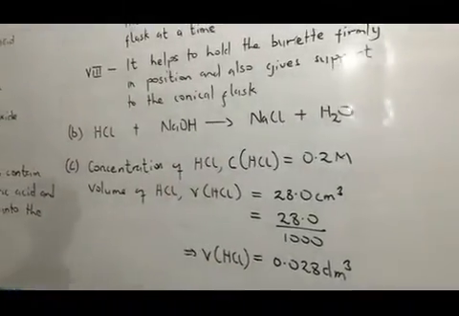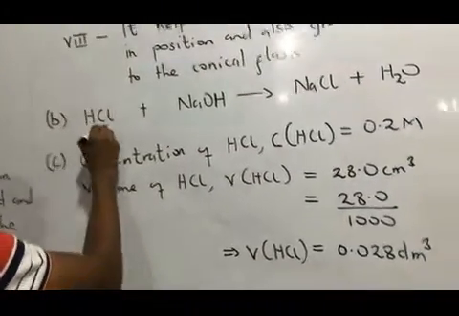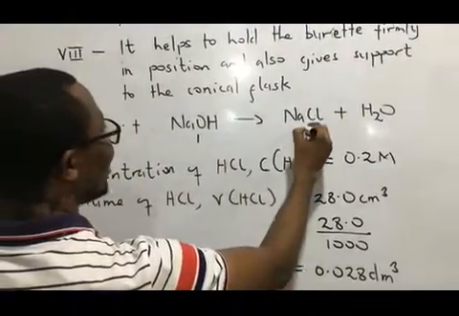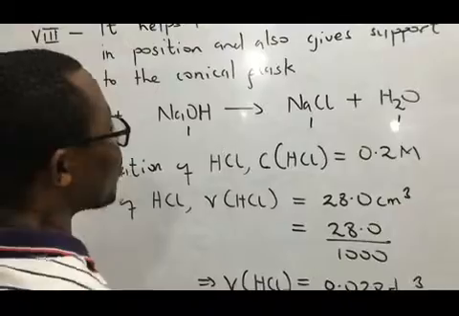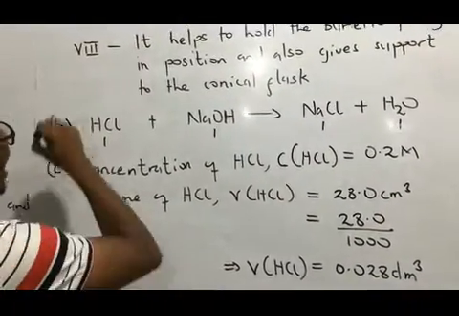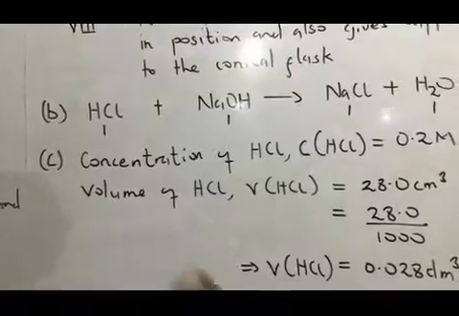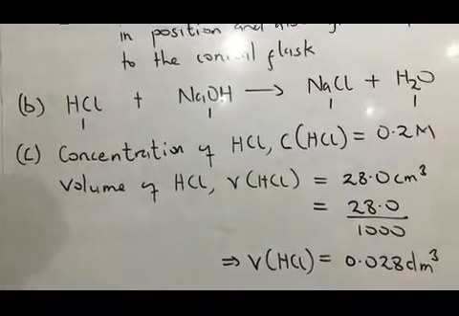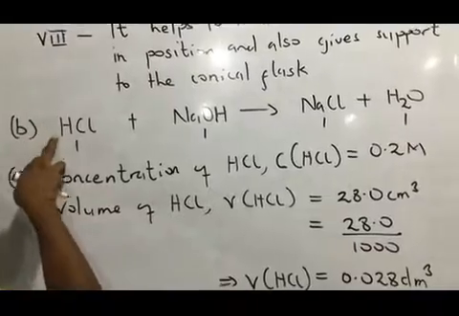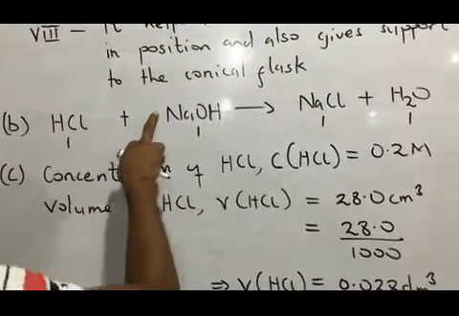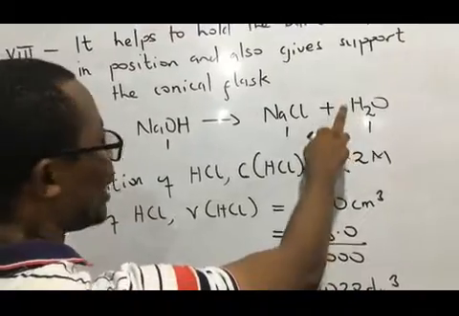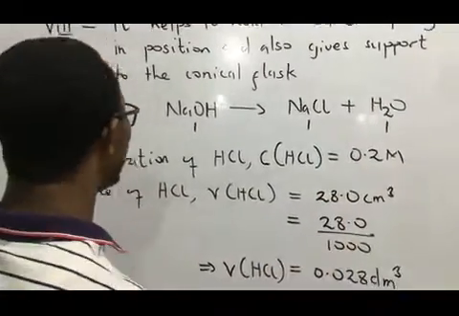From this reaction, the mole ratio of the HCl is 1. The sodium hydroxide is also 1. The NaCl is also 1. The water is also 1. I told you that when you balance an equation, the figure in front of the compound is the mole ratio. If there's no figure, then the mole ratio is 1. So there's no value in front of the HCl, so the mole ratio is 1. The same for the others.